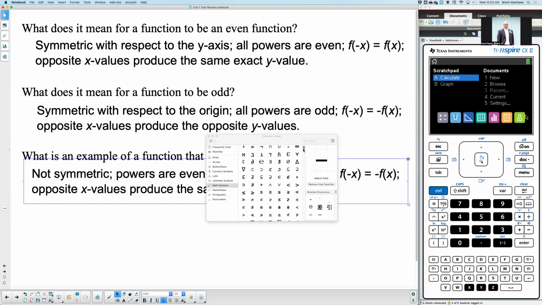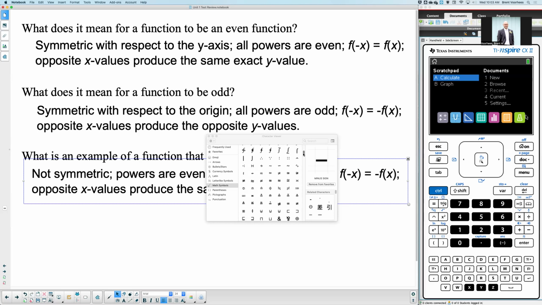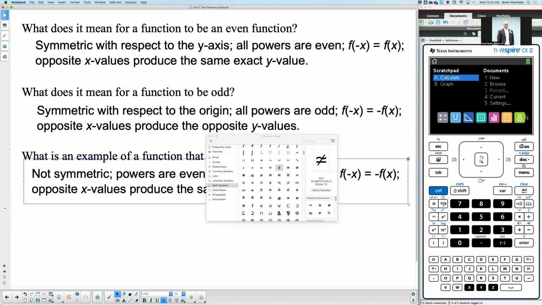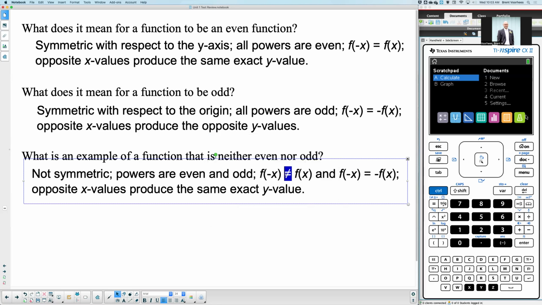One more time. Let me just scan real quick for it does not equal. Here's a bunch of where above there. Like, four down. Go down. Oh, right here. Add to favorites, so I don't have to do this next time. Great. And I'll just copy and paste here.